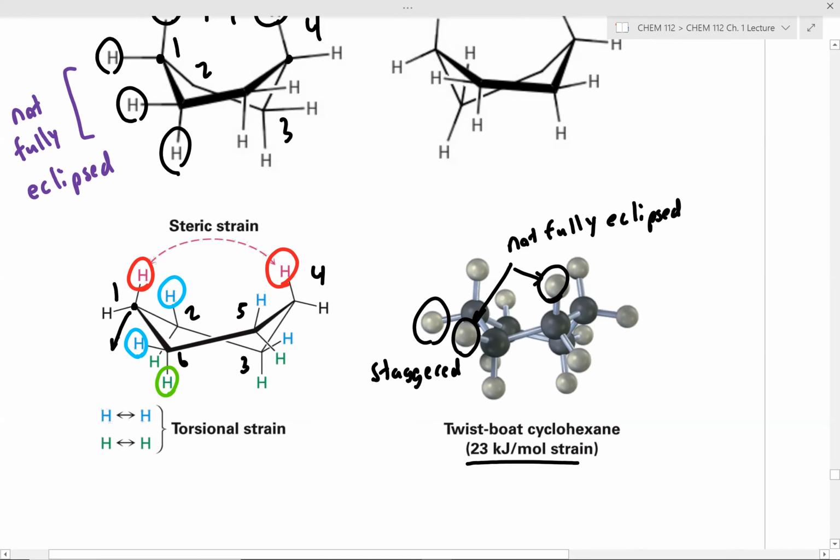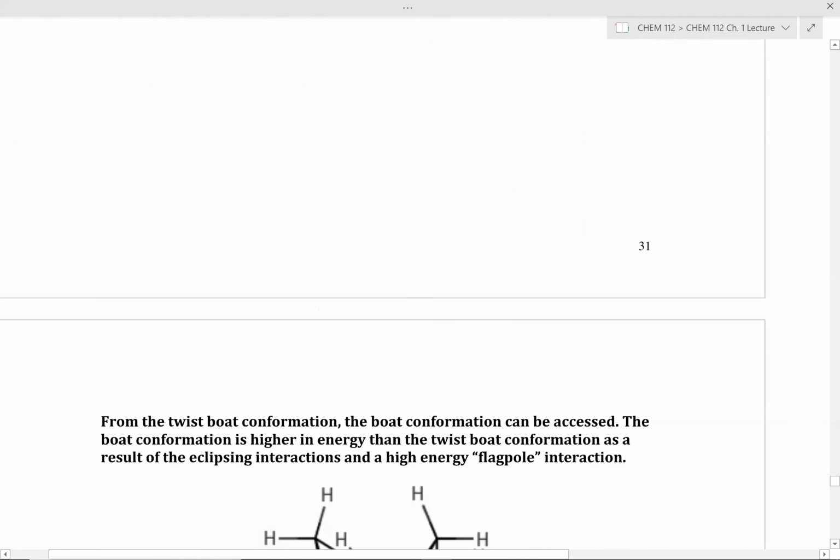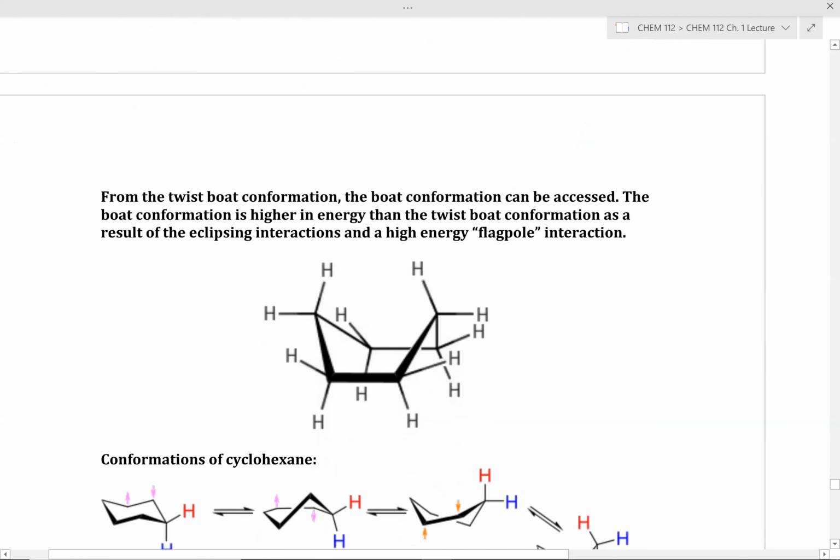Now, in order to complete this ring flip, instead of just immediately bringing carbon number 1 down, we're going to go from a twist boat conformation to a boat conformation. And the way this is accomplished is by bringing carbon number 3 up and carbon number 5 down. So with that established, carbon number 5 is going down, carbon number 3 is going up, and we end up with the boat conformation.